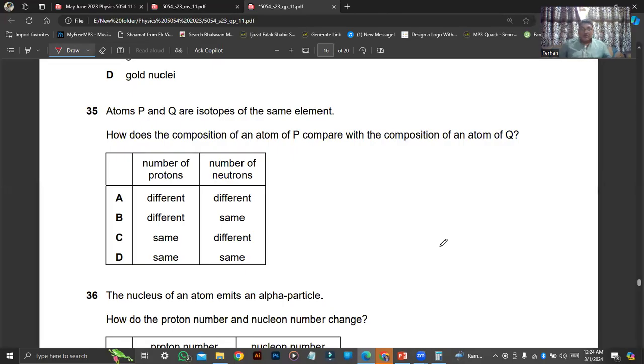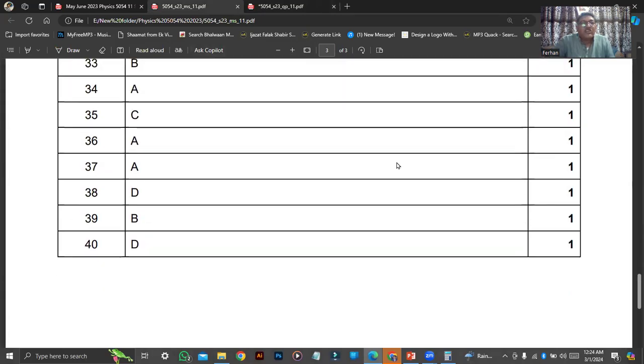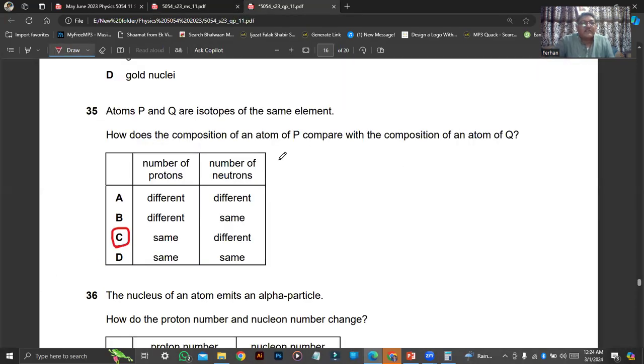In their nucleus, the number of neutrons is different from each other. That's why they have different nucleon numbers. So their proton number will be the same, but the number of neutrons will be different. So I think question number 35, C is the right choice.